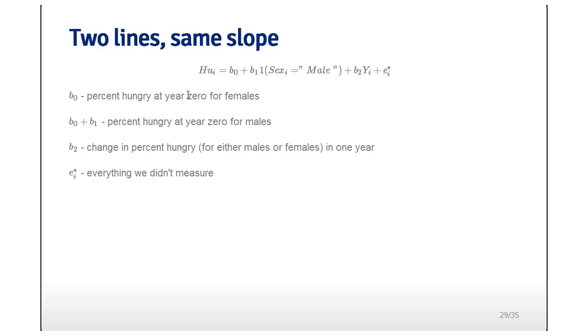So what I've done now is I put in an indicator variable for gender equals male. So what happens? You get our outcome H is equal to beta 0 plus beta 1 plus beta 2 year, the expected outcome if the person is male.